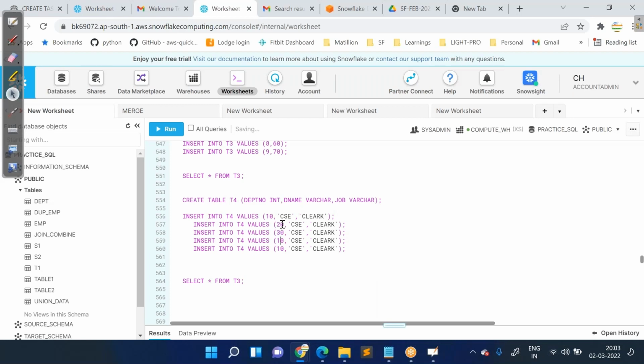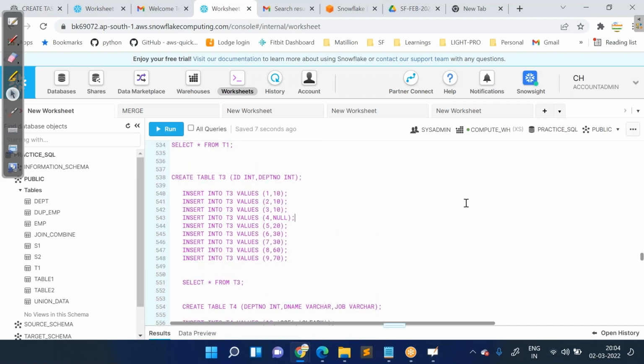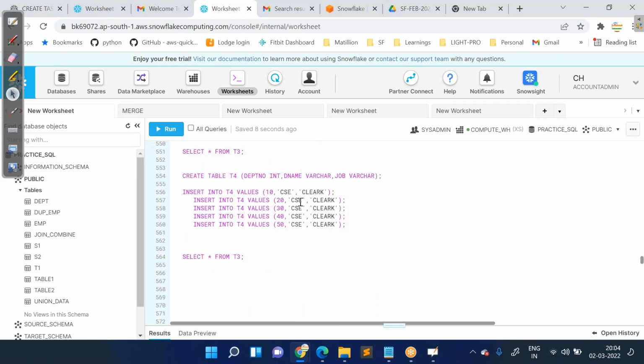Twenty, 30. So what are the departments? 10, 20, 30, is it. So here I'm giving, understand the data properly.